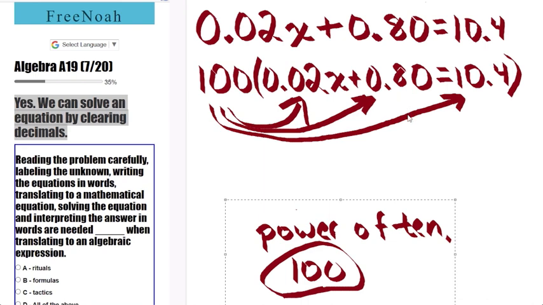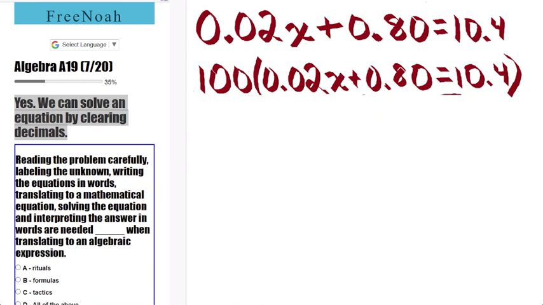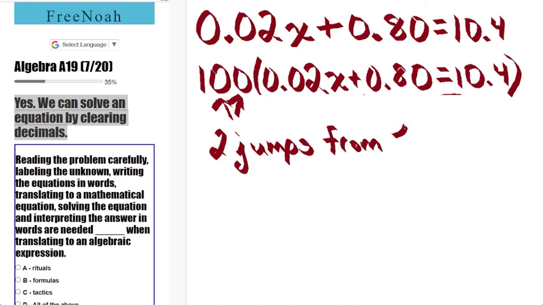Let's begin here. Clear up some space. So this entitles us to 2 jumps from left to right.